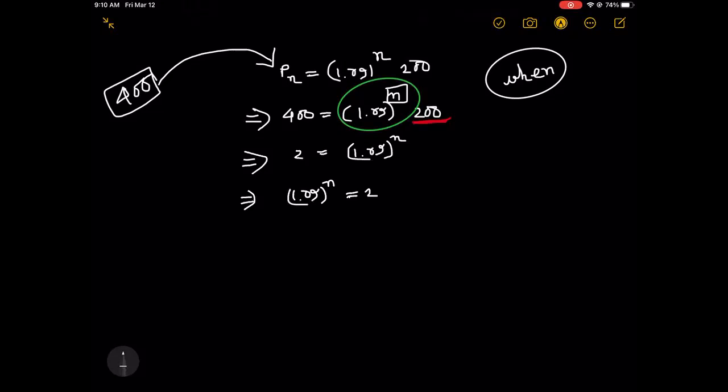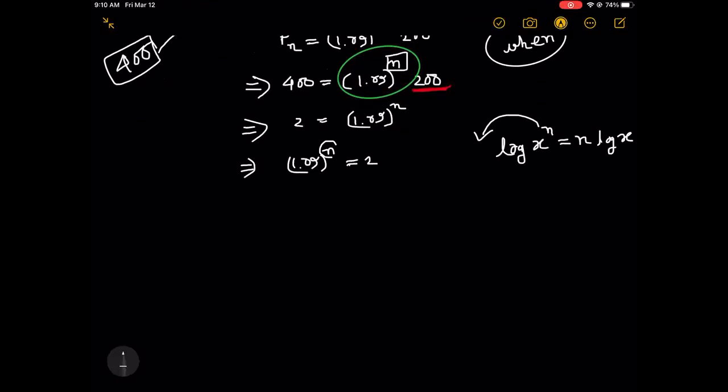Yeah. So we know a very good property of log, which is if you have log x to the n, we can rewrite it as n log x. That means the power, the exponent, comes in front. So we can definitely relate this to this known property.